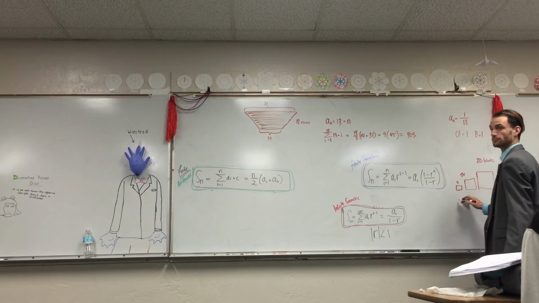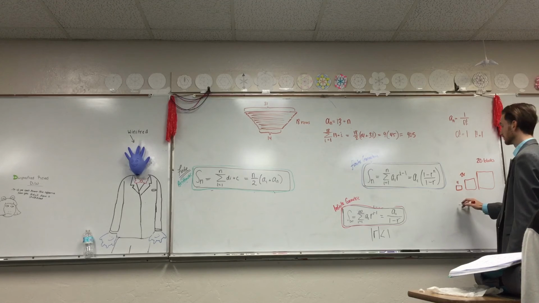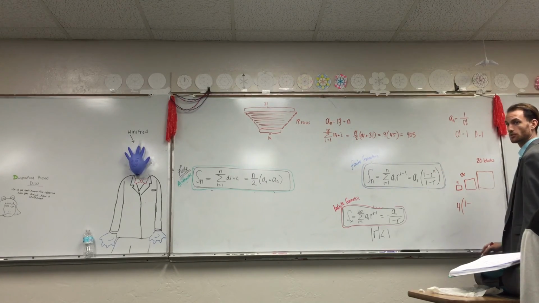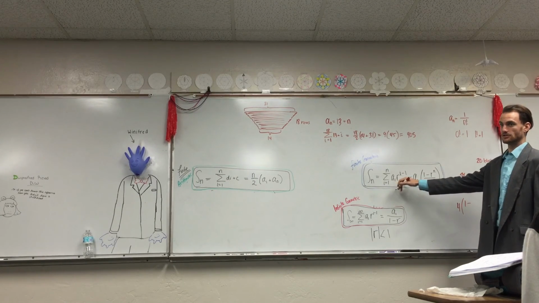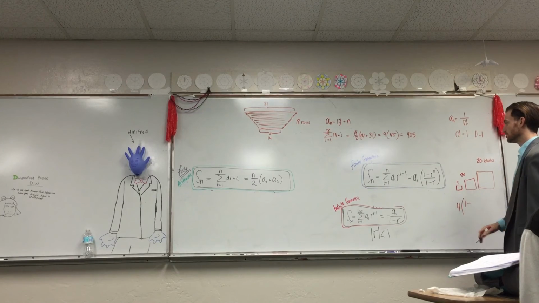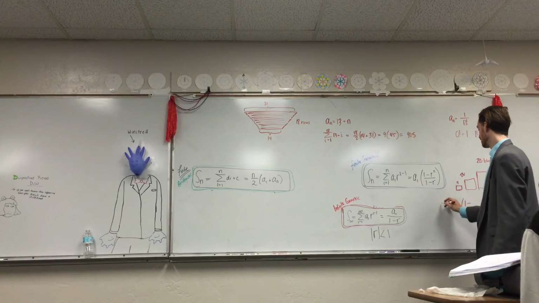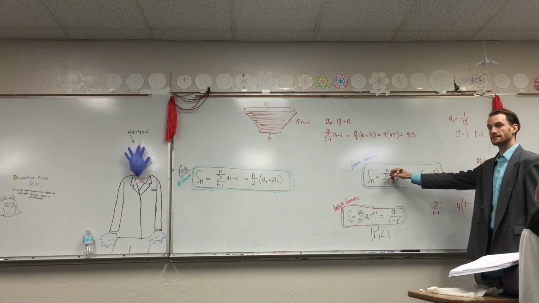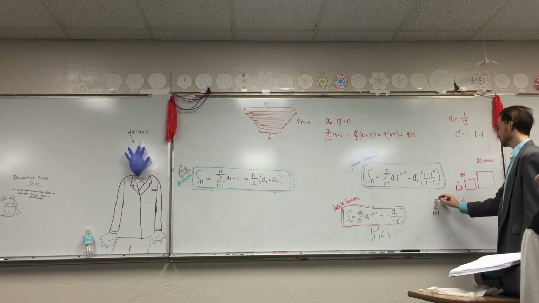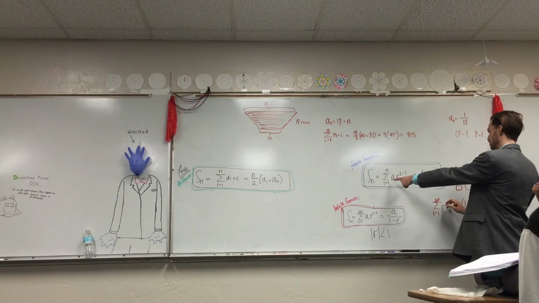What's my first term? 4. And what's my ratio? We don't have to write that part of it unless I ask you to, but you could do this anyway. The sum from i equals 1, what's n in this case? How many blocks do I have? 20. 20 times the first term is 4.